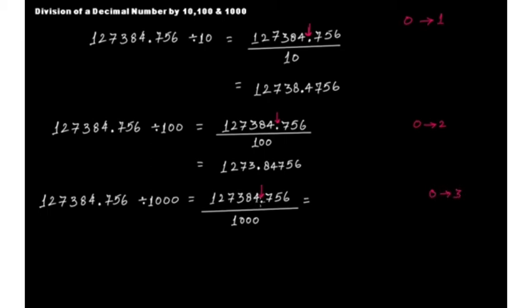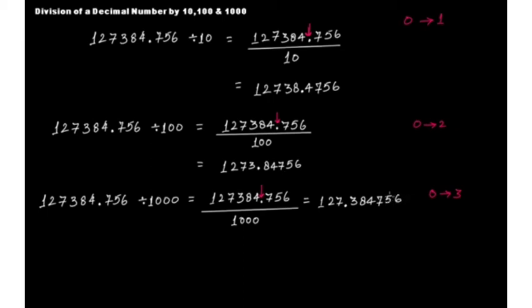Count 3 digits towards the left of this decimal point. First, that is 4. Second, that is 8. Third, that is 3 itself. So this is 1, 2, 7. Place your decimal point before this 3: 3, 8, 4, 7, 5 and 6.